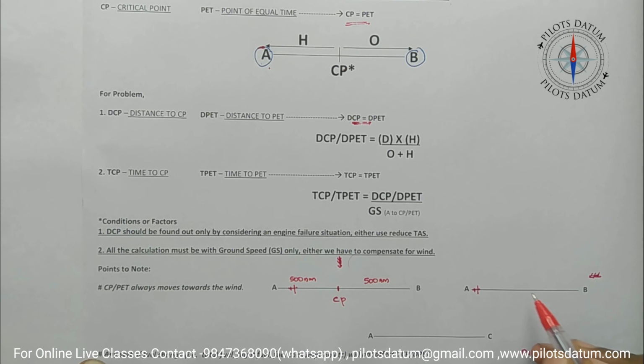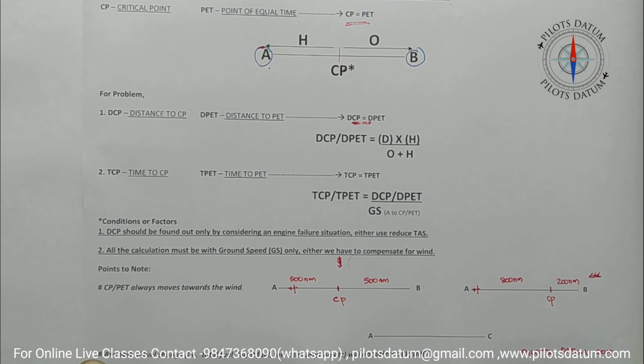That means the CP will move closer to the point of destination, somewhere around here. If this is a total of 1000 nautical miles, this may be, for example, 800 nautical miles and this will be 200 nautical miles. The aircraft is traveling in this direction and the wind is from this direction, so CP will move towards the wind. That is, the wind is actually coming from the point of destination.